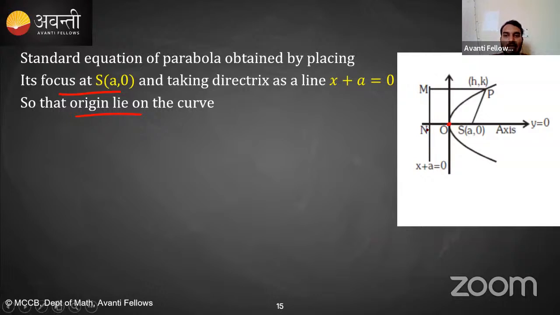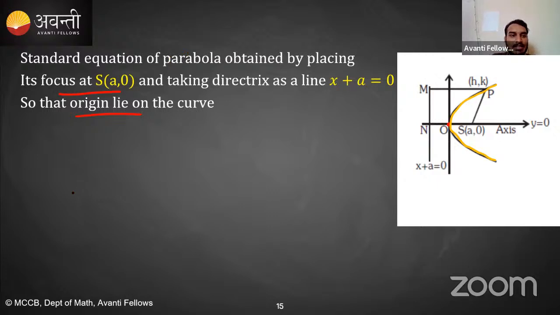We make sure our curve is passing through the origin. Now let's try to derive the standard equation of the parabola. The parabola will look something like this curve. We will get to know how the curve comes out like this later, but now let's derive the equation.